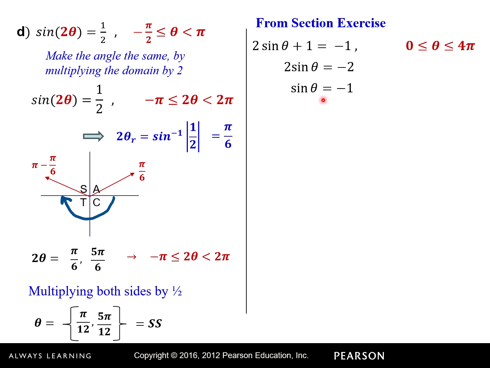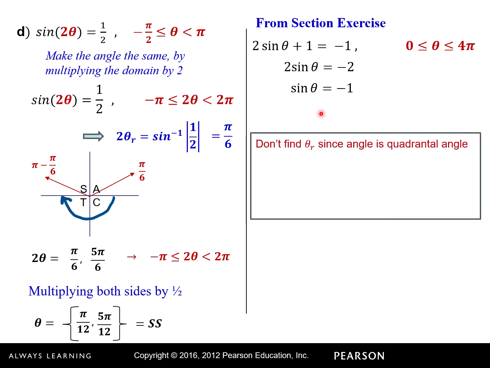And take note, the angle here is not an acute angle, because when sine is negative 1, positive 1, or 0, they are quadrantal angles. So what you're going to do is not find the reference angle, and what you can do is find theta using the calculator.